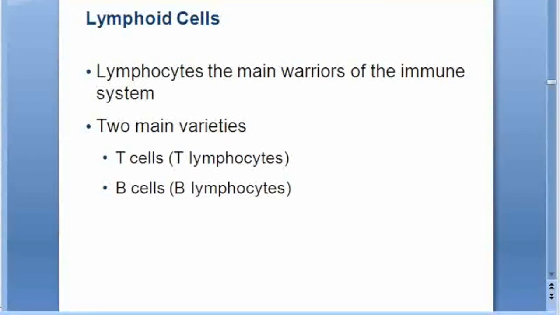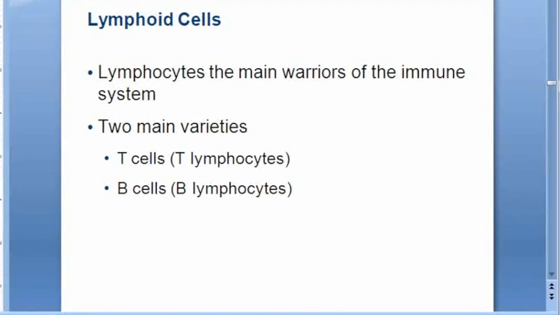If we saw them, we couldn't tell the difference. The difference is in what they do. Frankly, I don't want to go through all the differences with you right now because we're going to do that in chapter 21. We'll talk about the difference between T cells and B cells. It will mention it on the slides here. We don't need to try to learn it yet. Once we learn it for chapter 21, we'll own it for chapter 20.